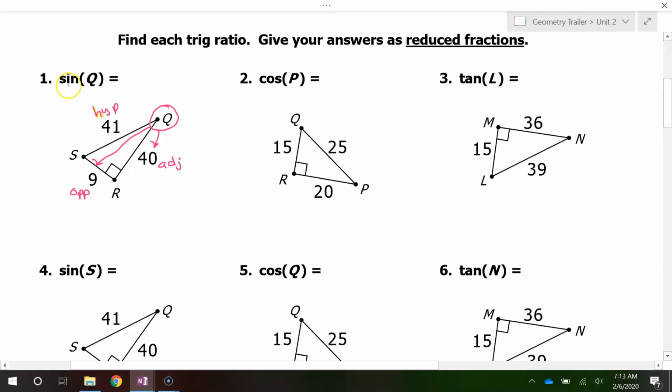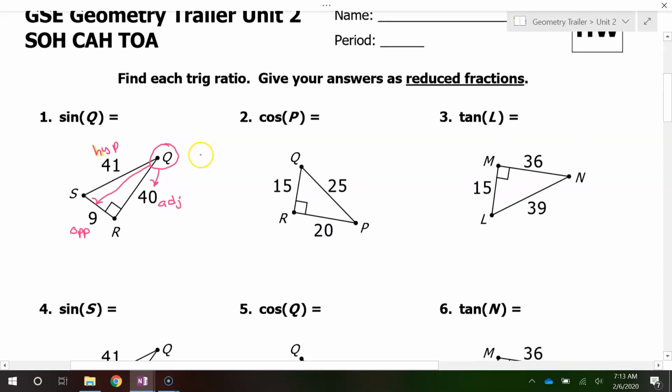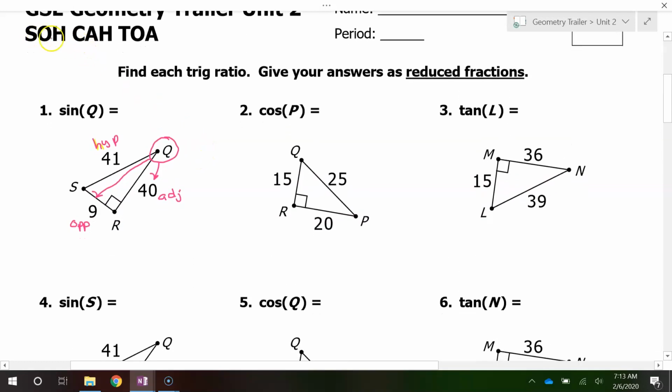So, sine is opposite over hypotenuse. Okay, if we use this SOHCAHTOA to help us remember, this first part is sine is opposite over hypotenuse. So that's going to be 9 over 41. Okay, and that does not reduce, so that's the answer.